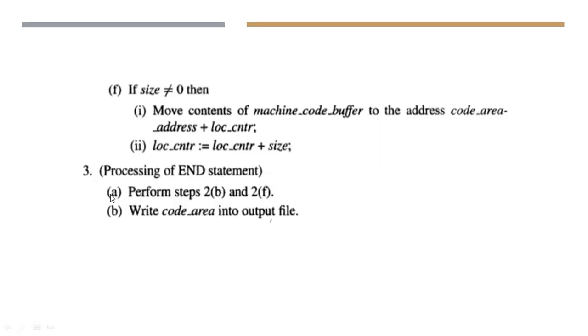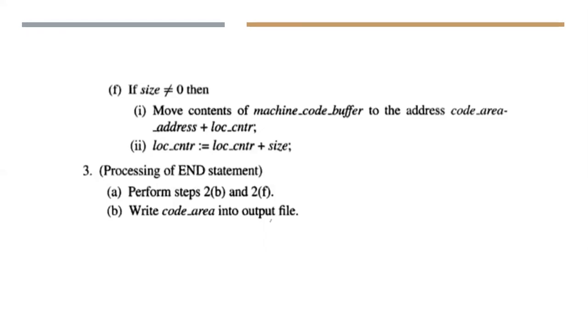So coming to the end of the algorithm, what to do if the END statement is there? While learning advanced assembly directives, we discussed that the END statement behaves like the LTORG statement also. So the END statement is going to perform the tasks performed by LTORG as well as the location counter addition, that is incrementing the location counter.